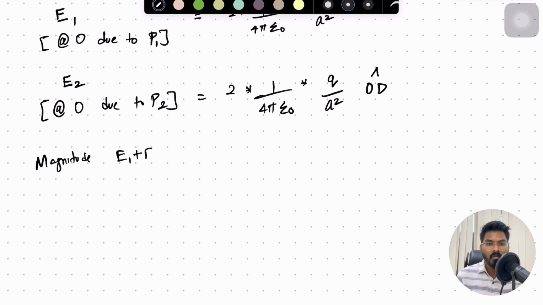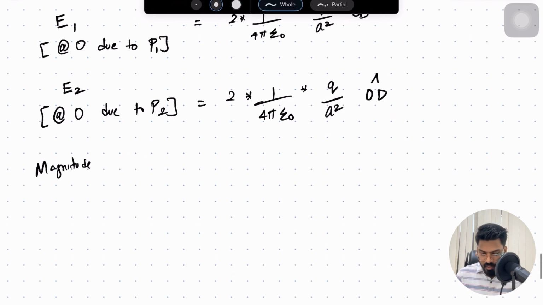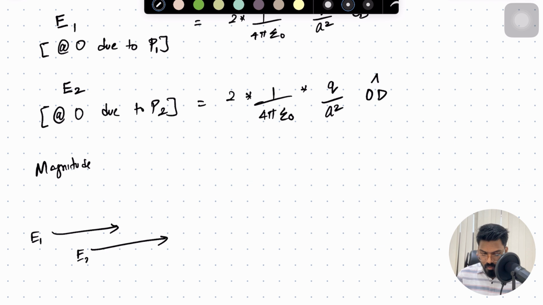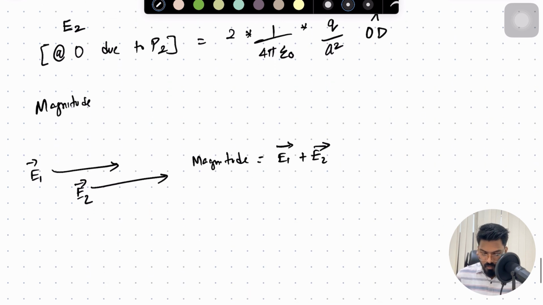Okay. Now you could see the magnitude is the same. If there are 2 vectors in the same direction, E1 and E2, we could get the magnitude as E1 plus E2. However, we have the vectors exactly like this. E1 is acting in this direction, E2 is acting in this direction.